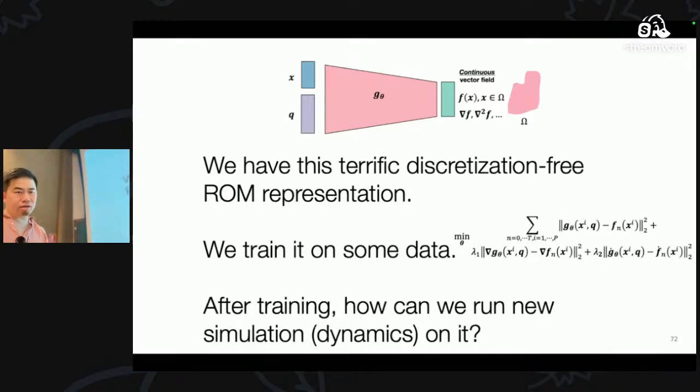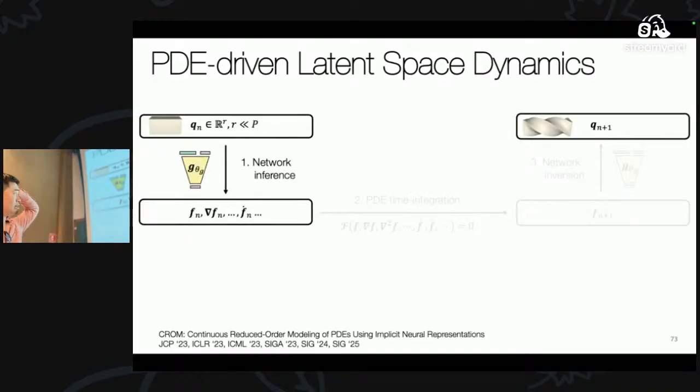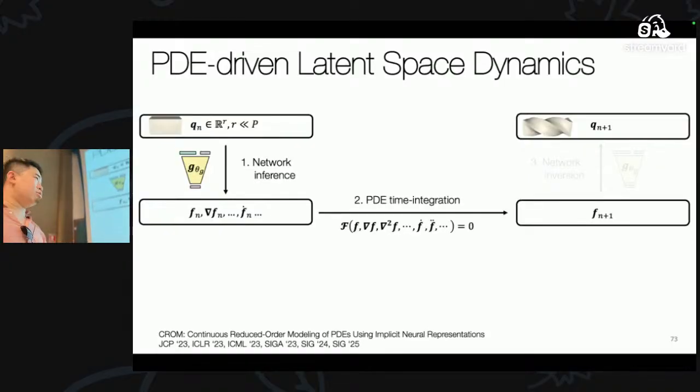So that's the idea. We train to break the constraint of discretization, and after training, how do you actually predict physics? How do you solve physics? The idea is you go from low dimensional space back to the high dimensional space, still do a PDE solver here, and then project it back into your low dimensional space.